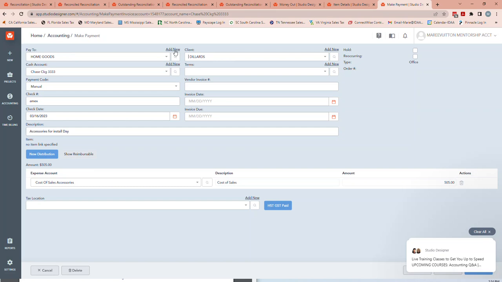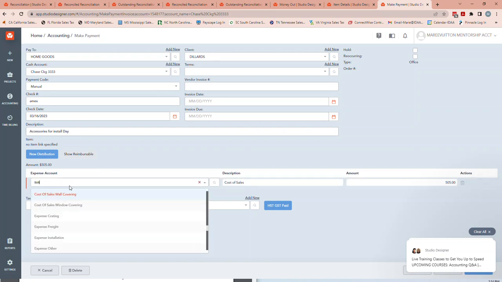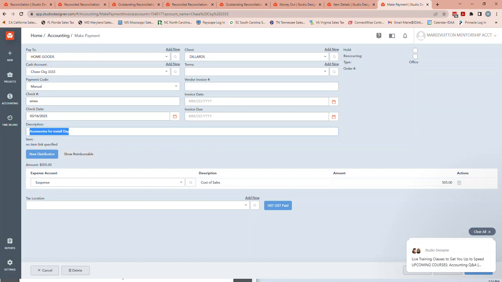So if I know that so-and-so went to Home Goods during Dillard's install on this day, today, I might code this to suspense because I don't know what's going where. So coding this 505 to suspense reminds me. Suspense is something that I'm always going to pick at.